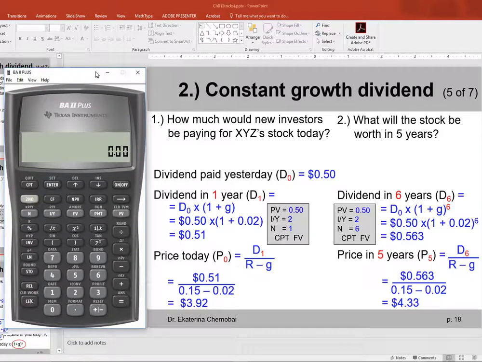Now that I know that today's price is $3.92 and the price in 5 years is $4.33, and that they are 5 years apart from each other, what is the implied annual increase in the stock price? Let's calculate that.